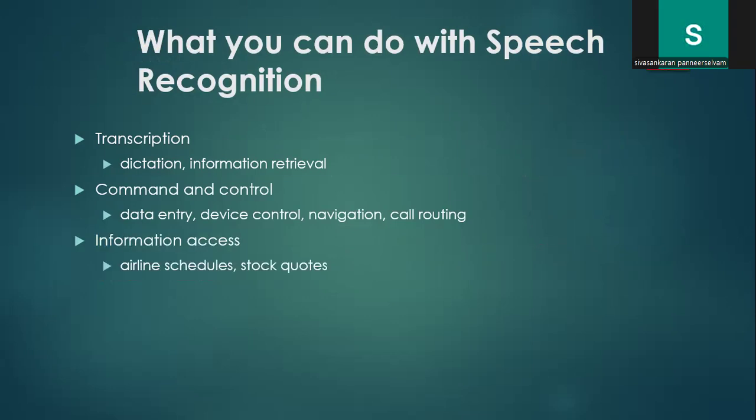We can dictate information using recorded voice communication, even for data entry, call routing, navigation, etc. Even for information access, say airline schedules, stock codes, even for travel planning and logistics. These areas we can handle with the help of voice assisted technology. We can have tight control over this system.